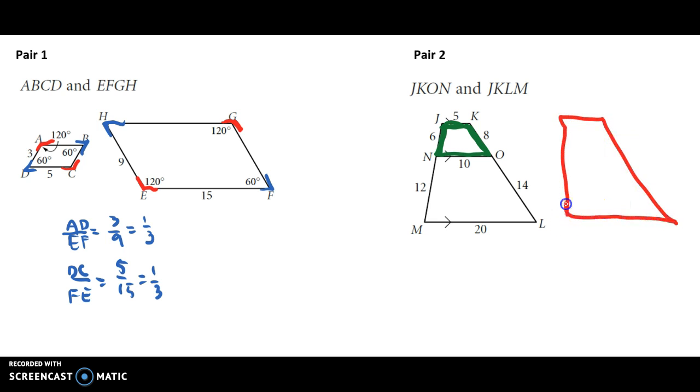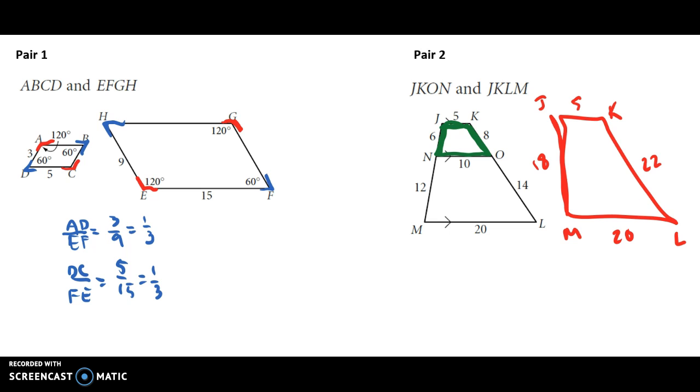I call this a nested figure because it's a shape inside a shape. A lot of times I like to redraw my nested figures so that I can look at my measurements accurately. So from J to M is 18, JK has length 5, KL has length 22, and ML has length 20.